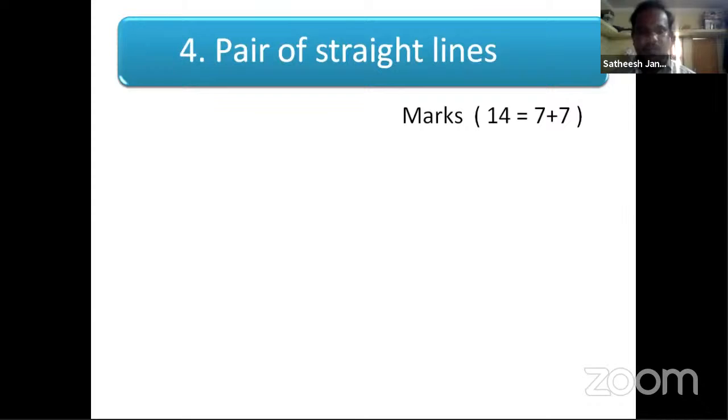In our intermediate examinations, it carries 14 marks, that is 7 plus 7. What is the meaning of 7 plus 7? It is clearly long answer type questions. That's why it is a very important topic for covering more marks in Mathematics paper B.